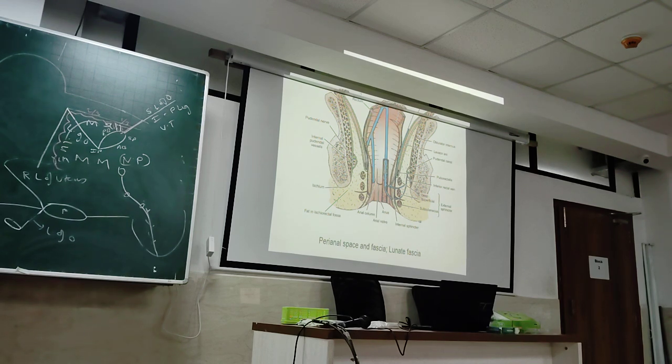Tegmental means the roof. So what lies above the roof is the suprategmental space, and then they reach the anal canal and supply the mucosa of the anal canal, only the ectodermal part. That's about the ischioanal fascia and fat.